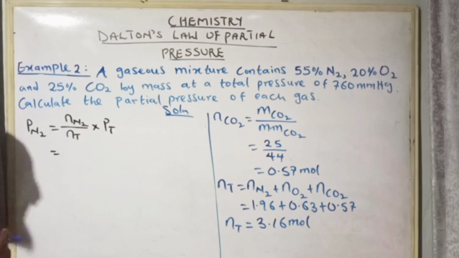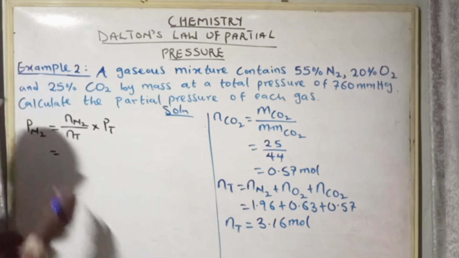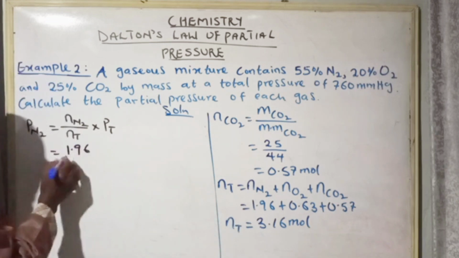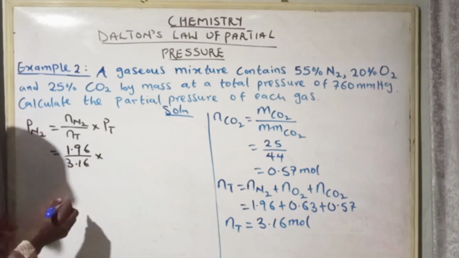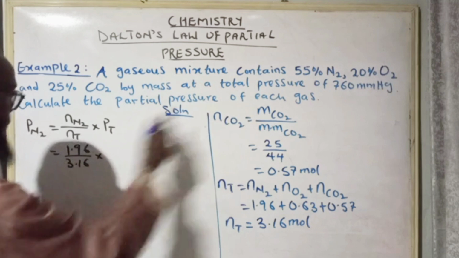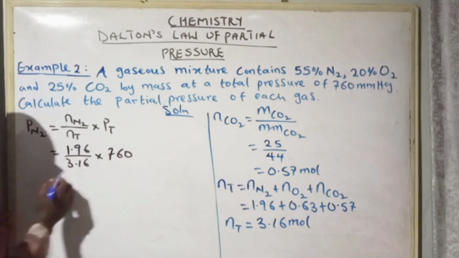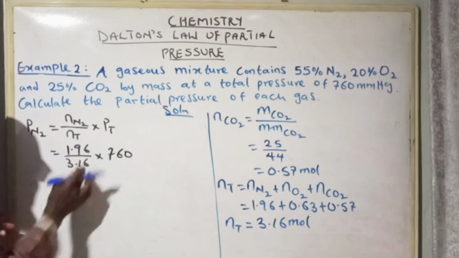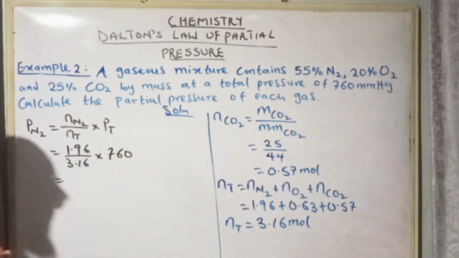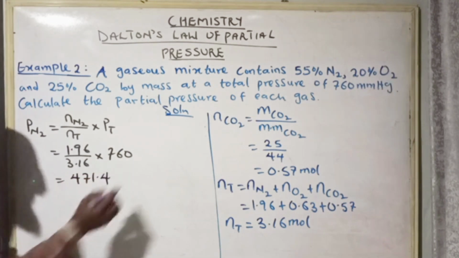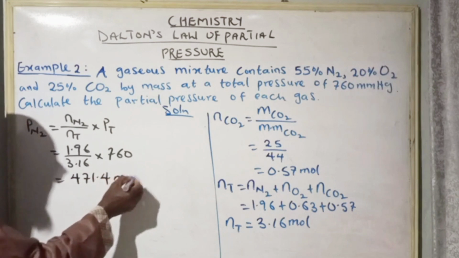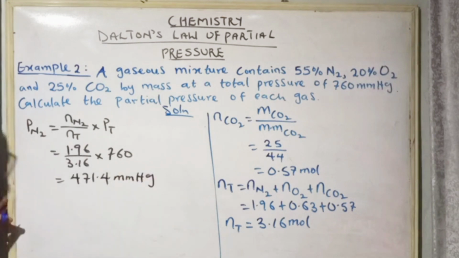So the number of moles of nitrogen that we have here is 1.96 divided by 3.16 multiplied by the total pressure that we are given here, which is 760. So we multiply the numerator and divide it by the denominator. 471.4 millimeter of mercury for the nitrogen.